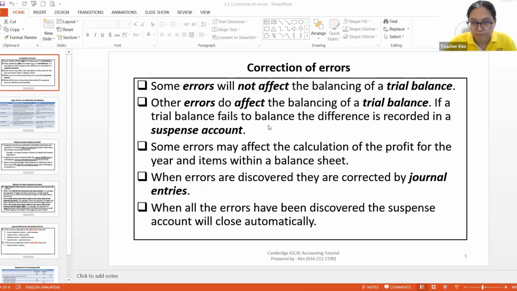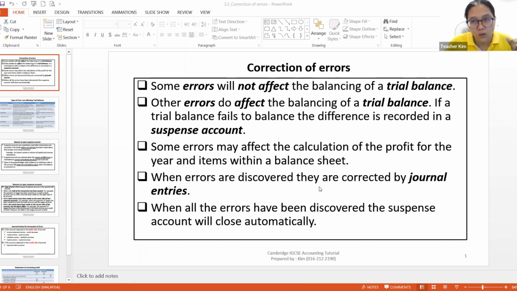Other than those 6 errors, the other errors will affect the trial balance, which causes your debit and credit totals to be imbalanced. At that point, when you have an imbalance on the trial balance, the suspense account comes in to solve the problem of the imbalance.